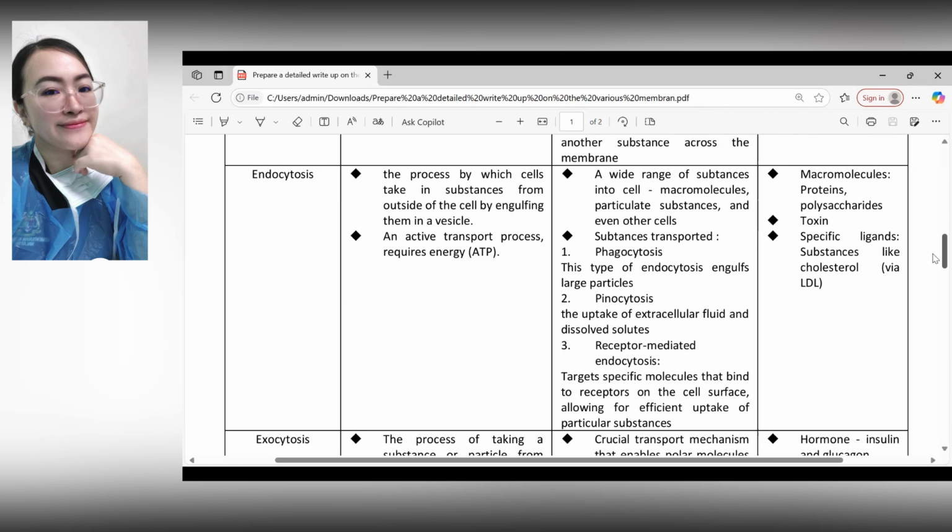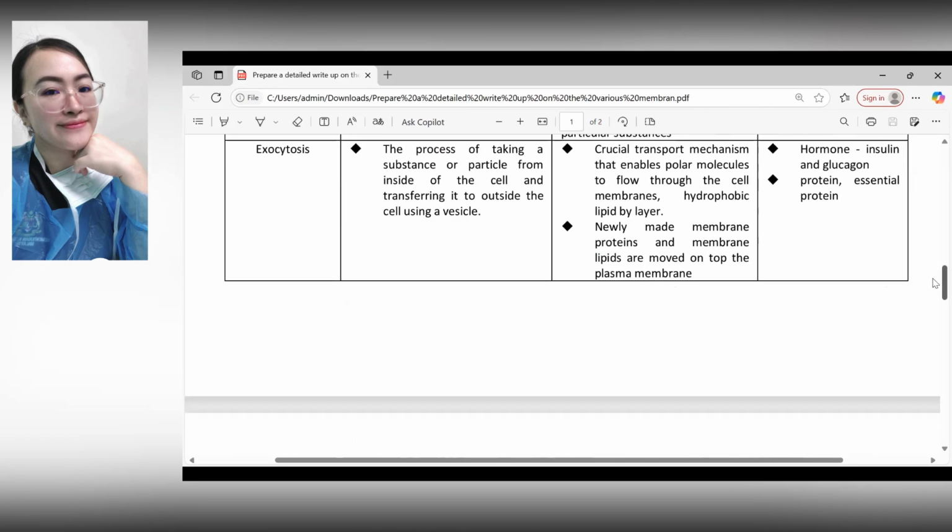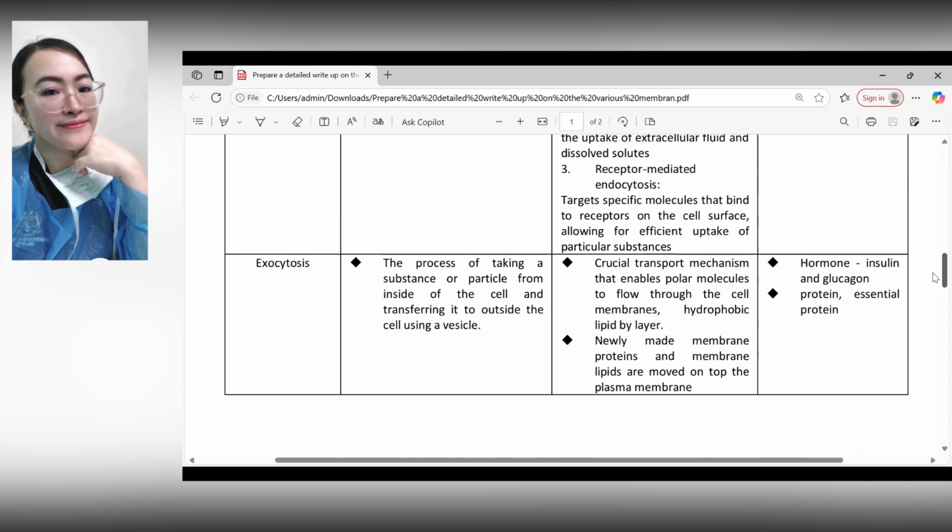Then number 7, exocytosis. The description is the process of taking a substance or particle from inside of the cell and transferring it to the outside of the cell using a vesicle.